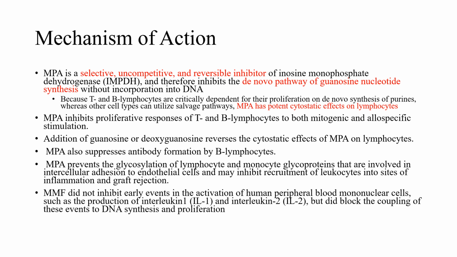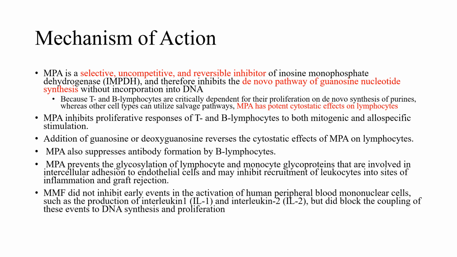But if you add guanosine or deoxyguanosine along with Cellcept, then this cytostatic effect on lymphocytes is reversed. It also inhibits the antibody formation by B lymphocytes.